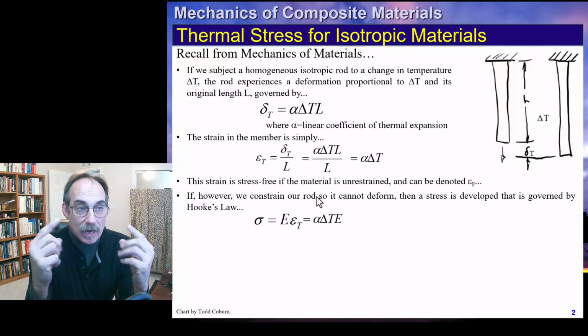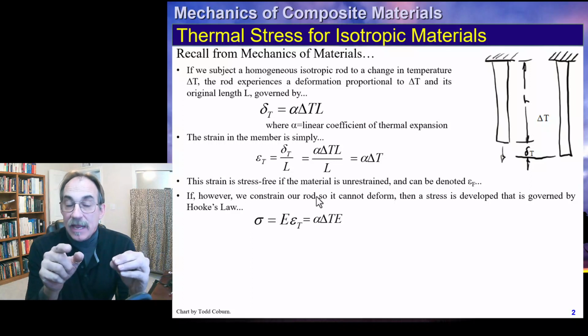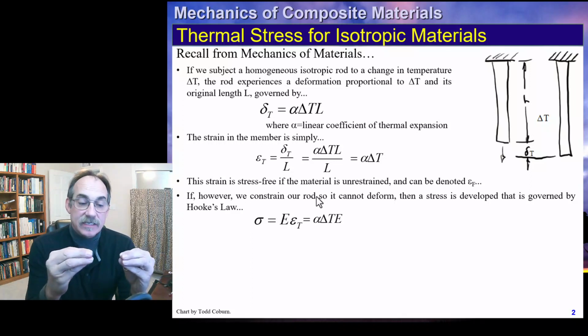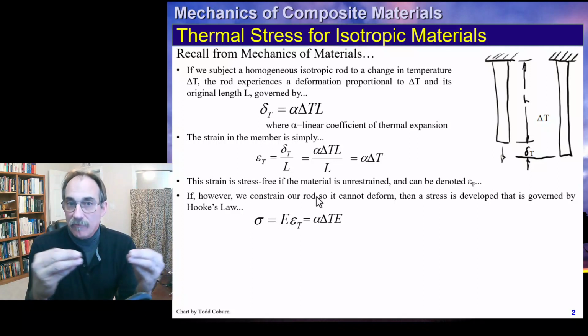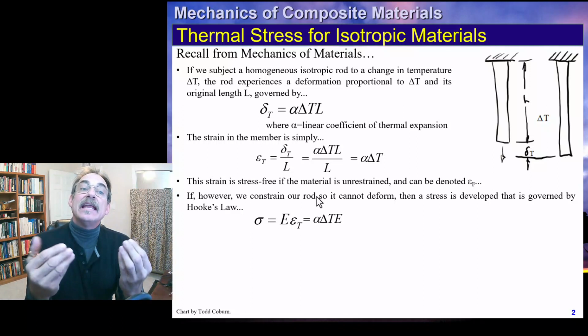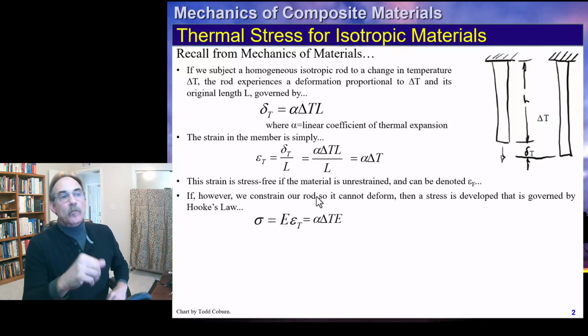Remember, we have no stress. We can call that strain the free strain and denote it as epsilon F, since that is the amount that it strains due to the freedom of movement and due to the idea that that strain is stress-free.